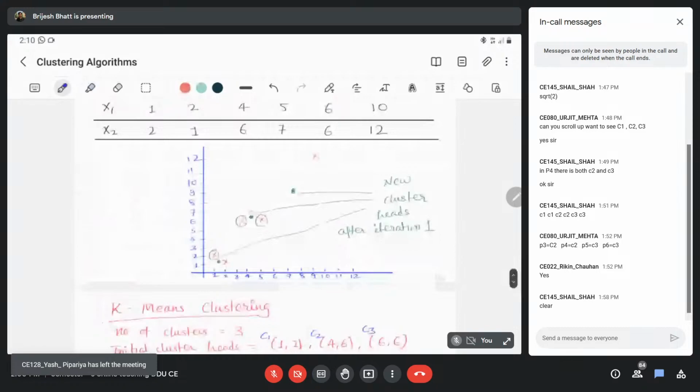And at the end, you will have clusters like this, and this is what we have expected.